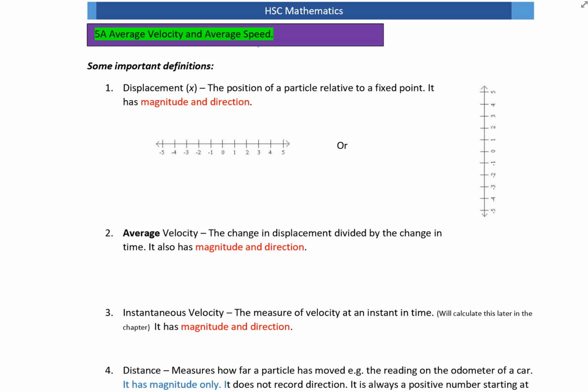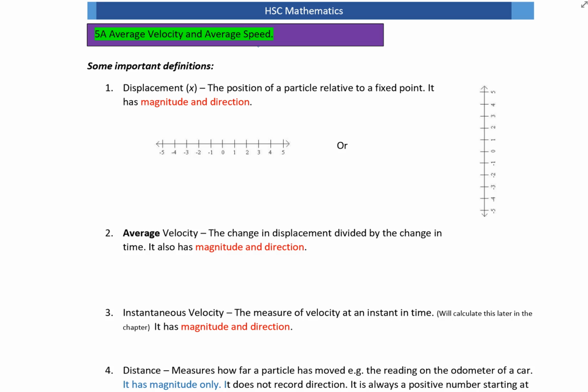So what is displacement? Well, the displacement by definition is the position of a particle relative to a fixed point. Now in maths, our fixed point is often the origin.